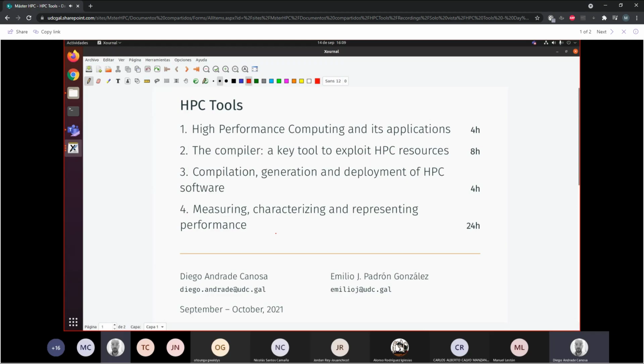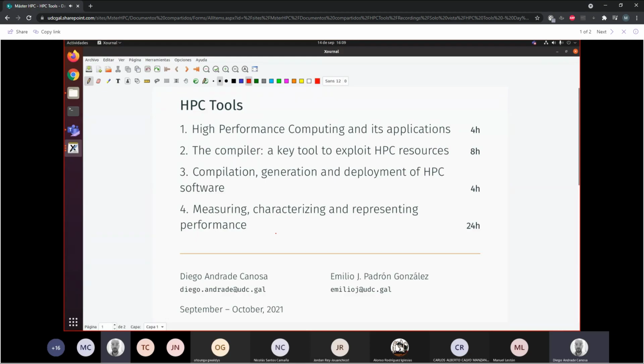And also, you need to be able to understand why the performance in that part of the application is so bad, okay? Obviously, in other subjects like heterogeneous programming or parallel programming, you are going to learn how to use parallel programming skills in order to create programs that can exploit a supercomputer or a multi-core processor or something like that.